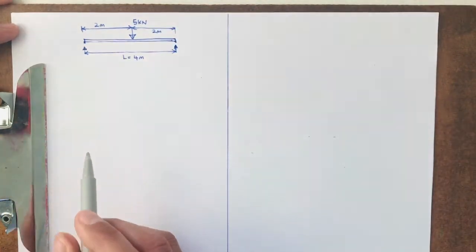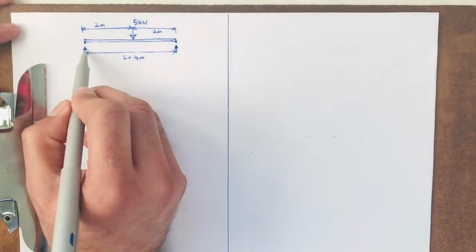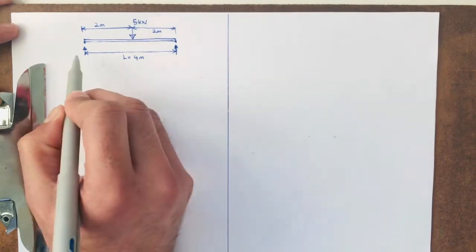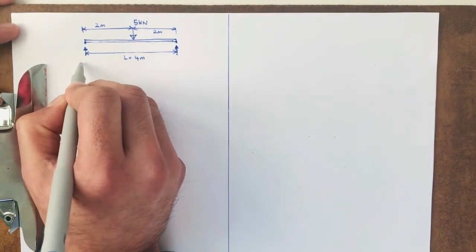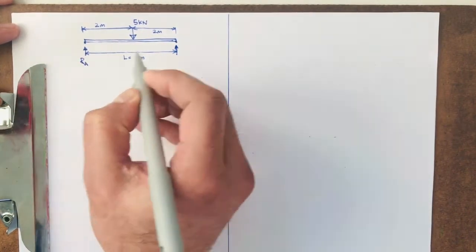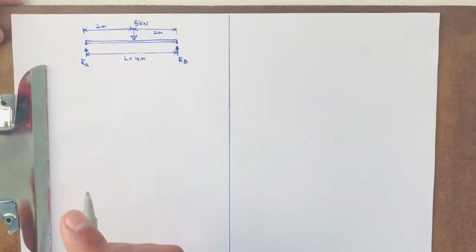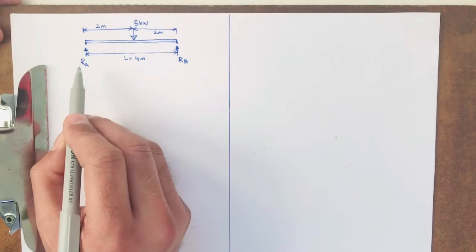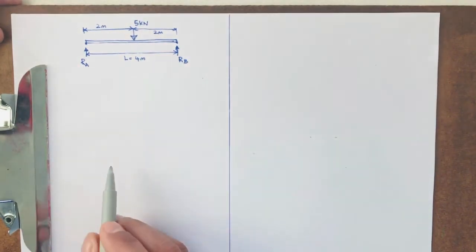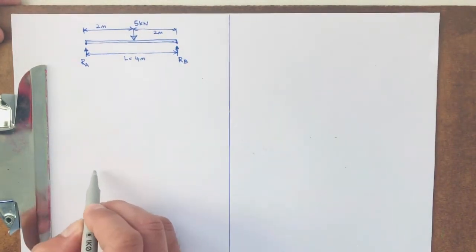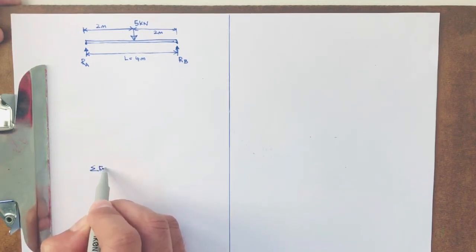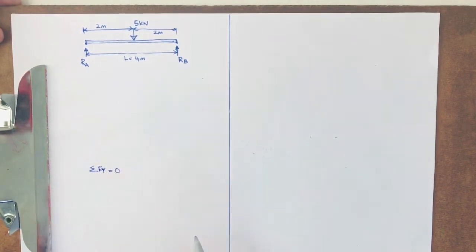First thing first, we need to find the reactions, which are these two reactions. I'll call this reaction A, and this will be reaction B. So how to find the reactions RA and RB? We know from the equation of equilibrium, summation of Fy, the vertical forces, must be equal to 0.